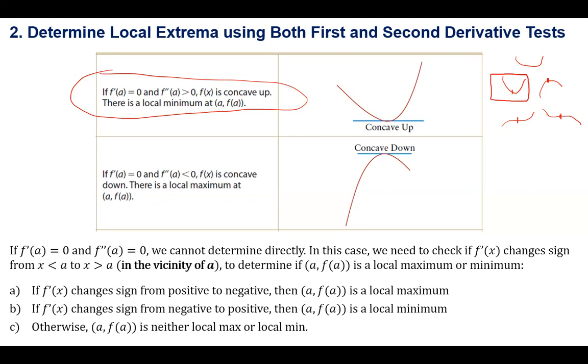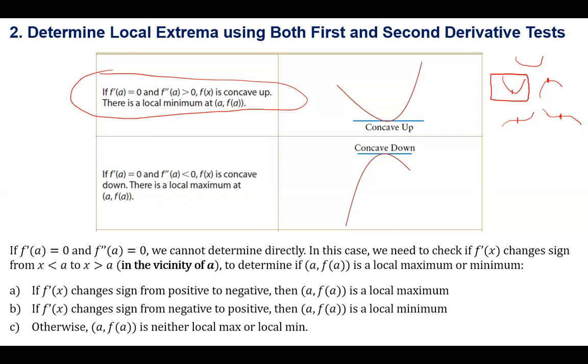You understand? So in the future, in order to find the local extrema, you can find its first derivative, let the first derivative be 0, and check its second derivative, right? If the first derivative is 0 and the second derivative is positive, then we can decide that point is a local minimum.